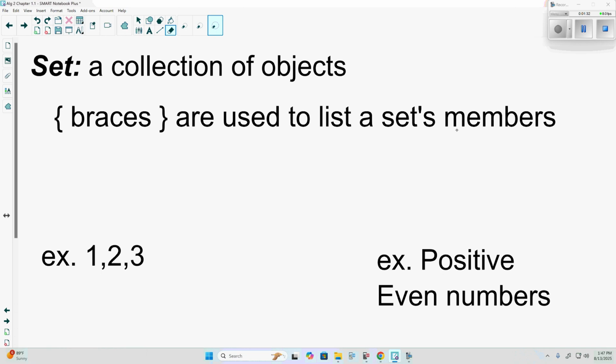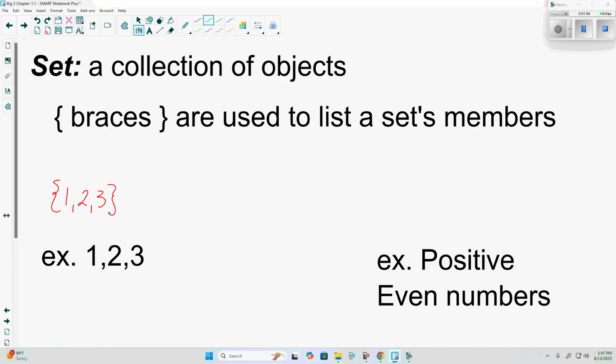So we do have this set 1, 2, 3. So we put a brace, 1, 2, 3, brace. And that's it. That's the set containing the elements 1, 2, 3.